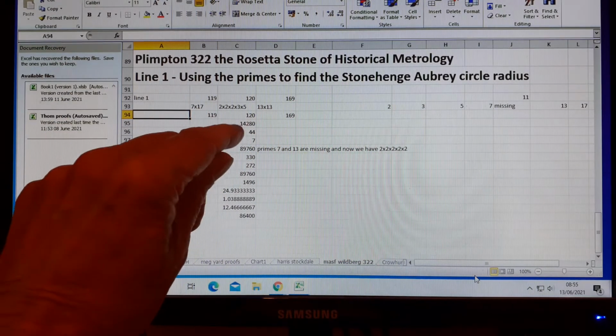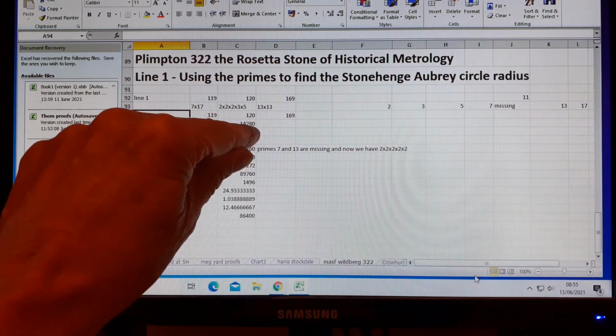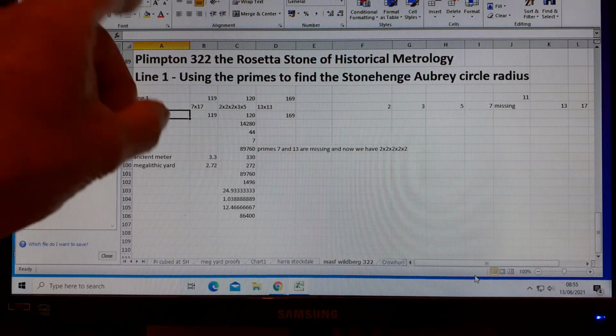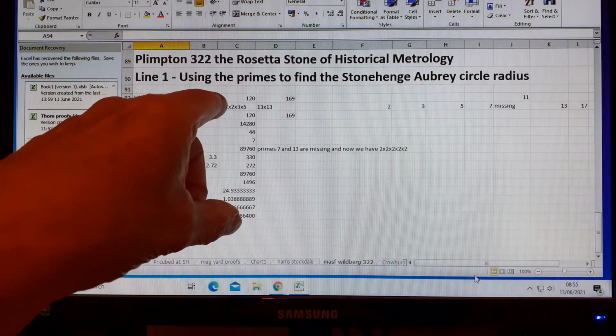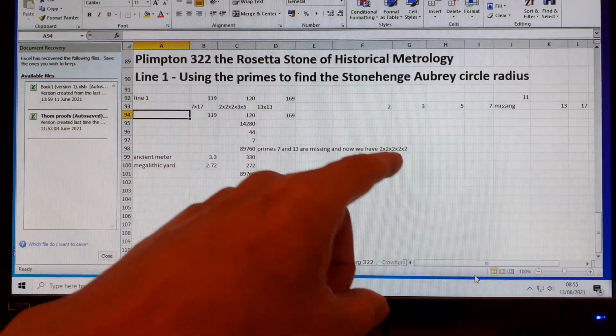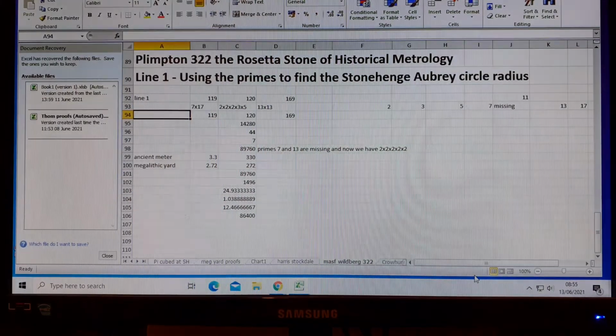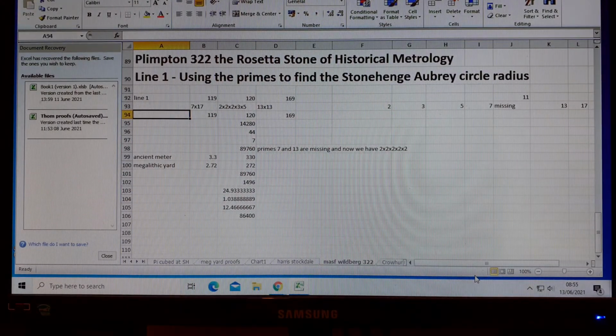And when we put 44 in, we're multiplying by 4 times 11, so there's the 4. And what we've got now is 2 times 2 times 2 times 2 times 2. Prime 7 and 13 are missing. So we've actually got that year that we're talking about, 4 times 91.